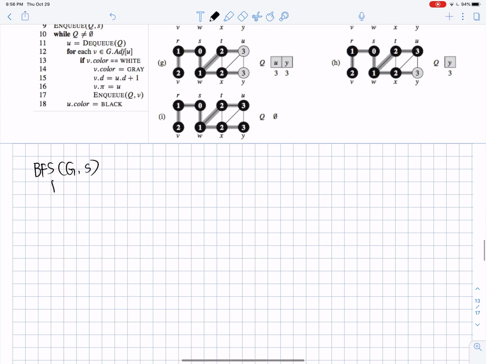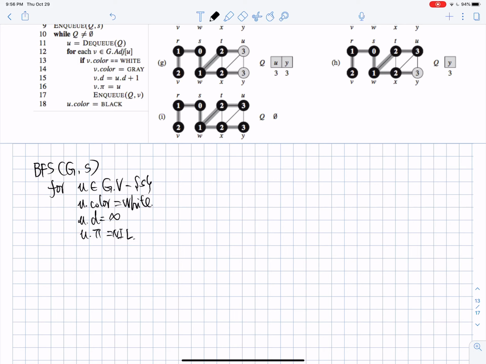For each node u inside G.V minus s, so each node inside this graph excluding the source node, we associate it with a white color, a distance that is infinity, and a parent nil.